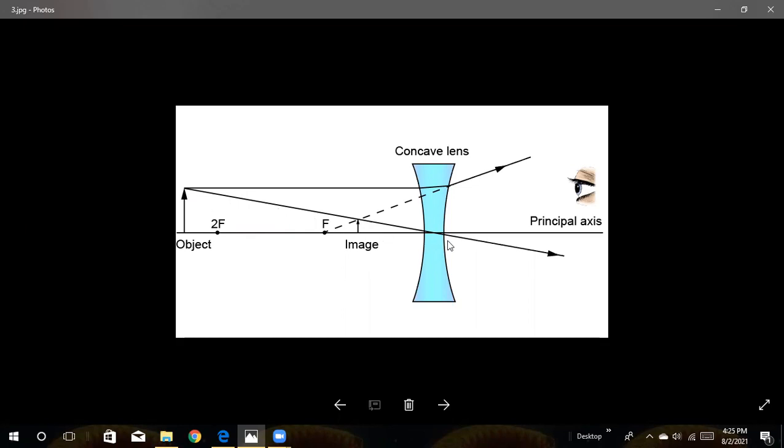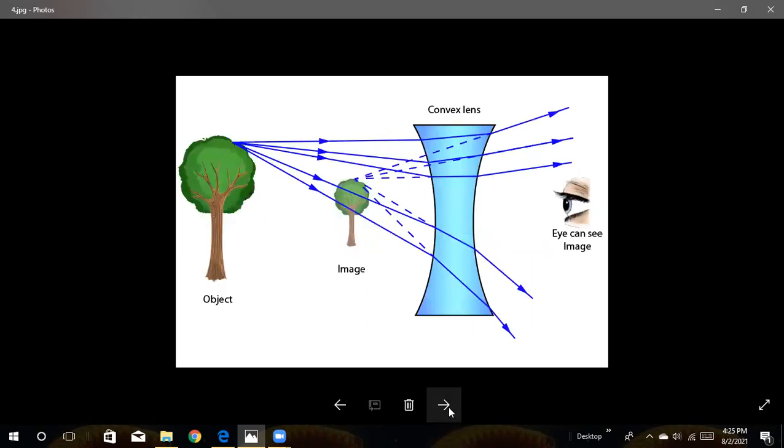These are the 1 and 2 parallel lines. It is away from the principal axis. It appears to come from the focal point. Right?